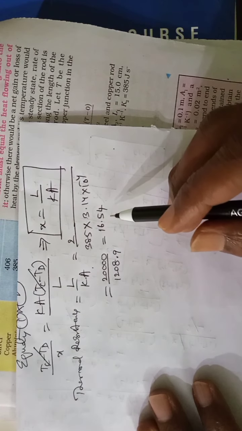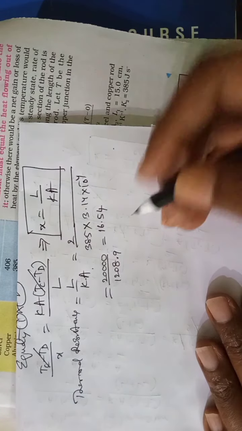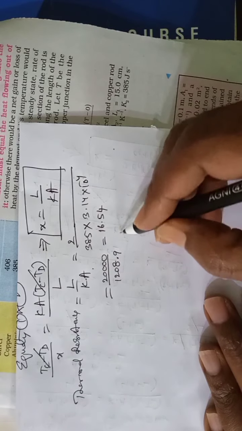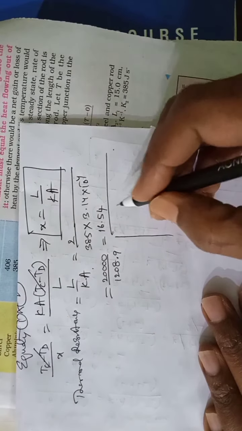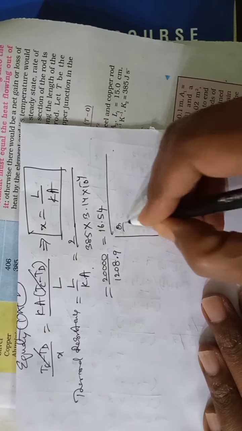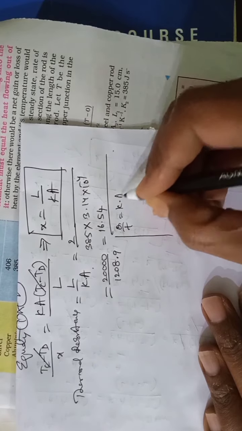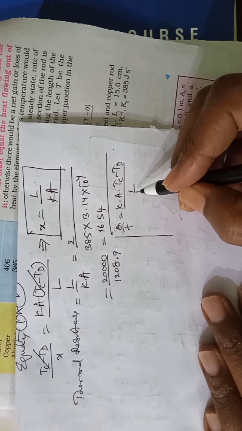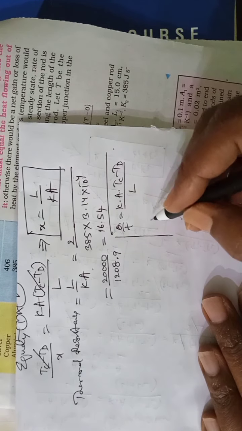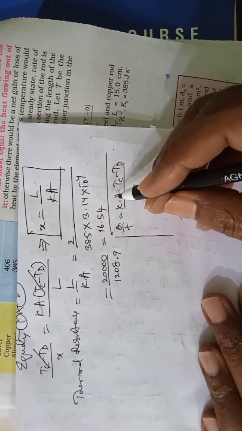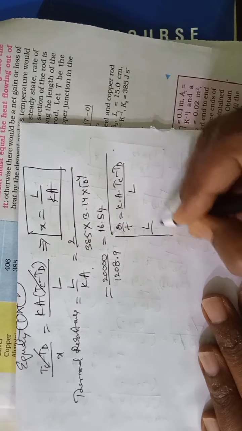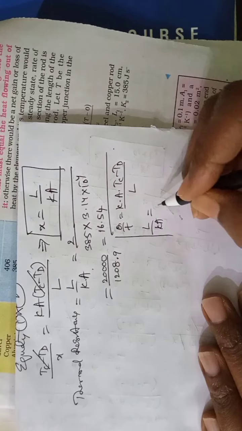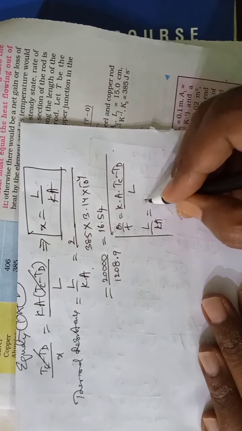We got the answer, but units we don't know. How to find the units? From the formula we can find Q by t is equal to K A Tc minus Td by L. So L by K A, bring this to the left hand side, take this to the right hand side.